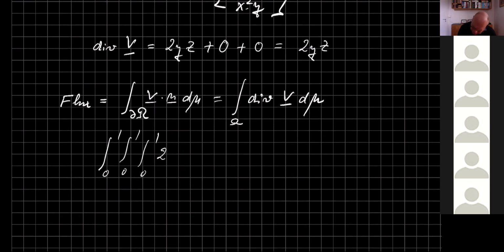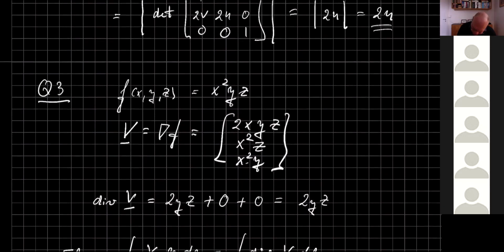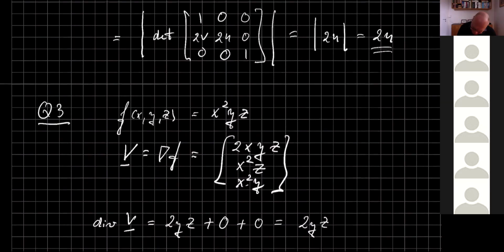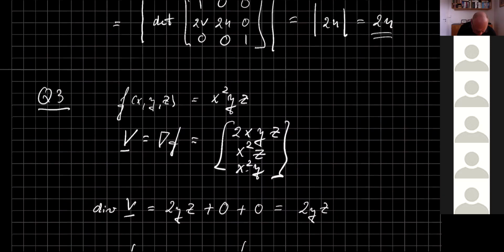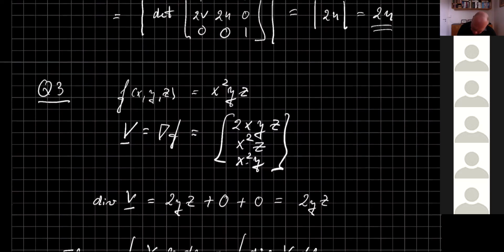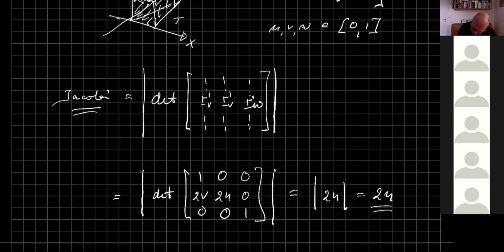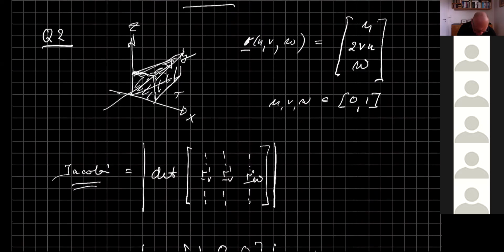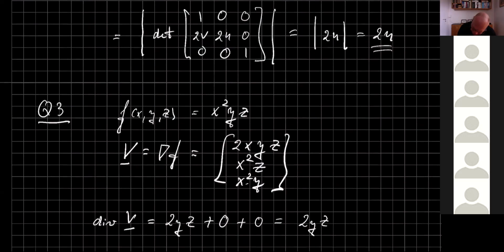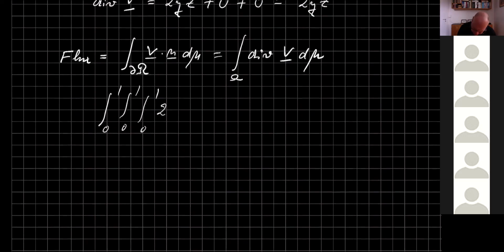And then we need 2 times y, and y is, let me see, in the parametric representation it is 2vu.